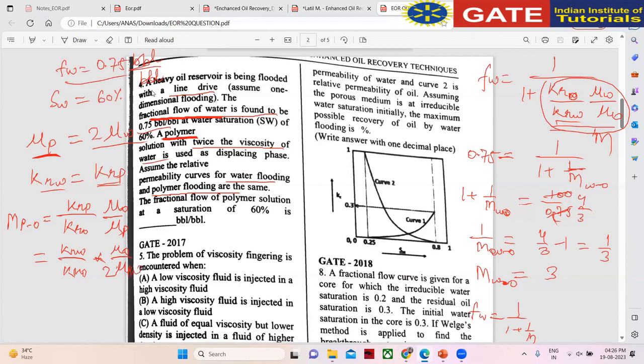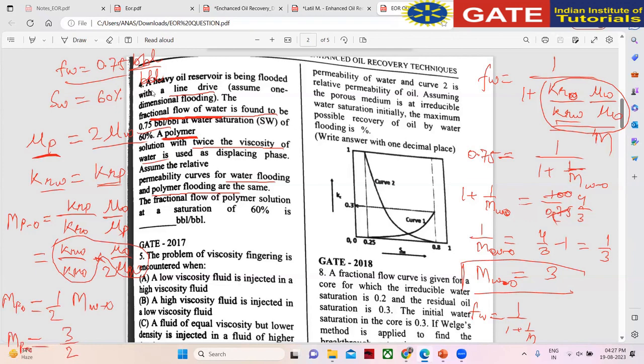Okay. So you take 1 by 2, and this will convert into your M, mobility of water and oil. And we have calculated water and oil mobility will be 3. So polymer MPO will be 3 by 2.